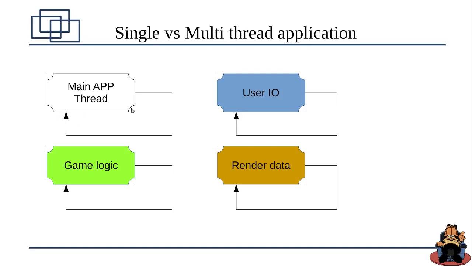Sometimes it's called a main thread, main application thread, main server thread. This thread is responsible for managing the whole life cycle of the application and starting, stopping all other threads, and sometimes synchronizing the data for the threads.